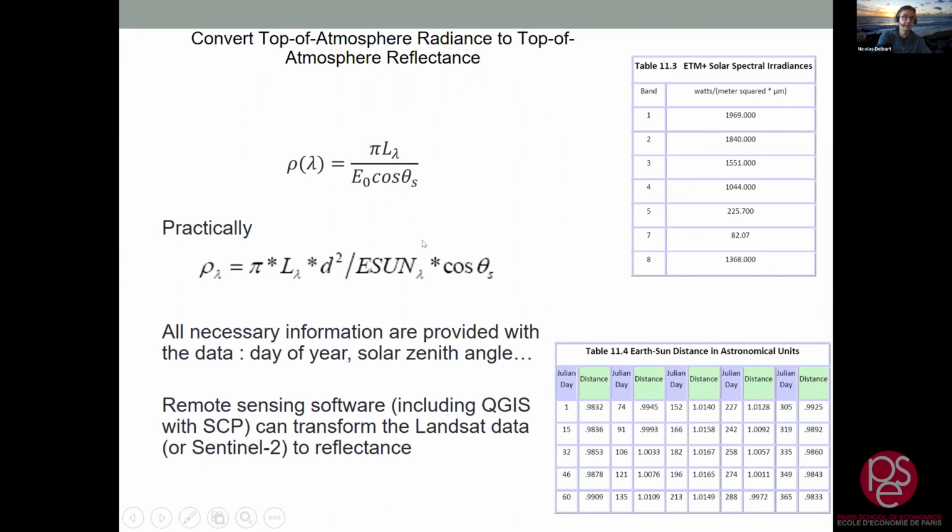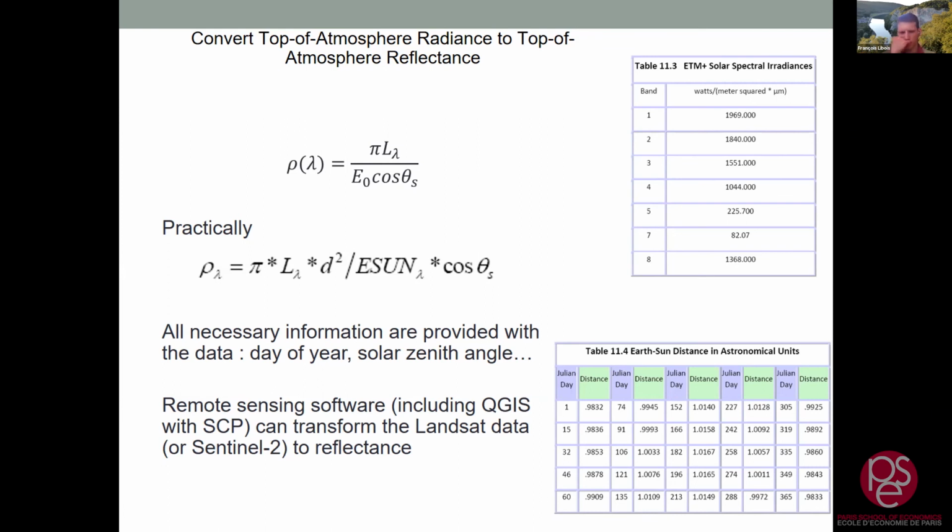And it is only calculated from the latitude, from the time of the day, and from the day. So it can be modeled quite easily, but as users, we don't have to do it because it is provided with the data. So okay.